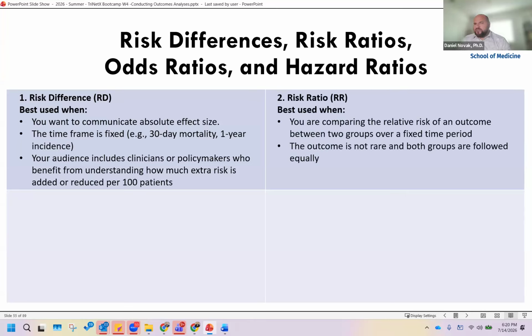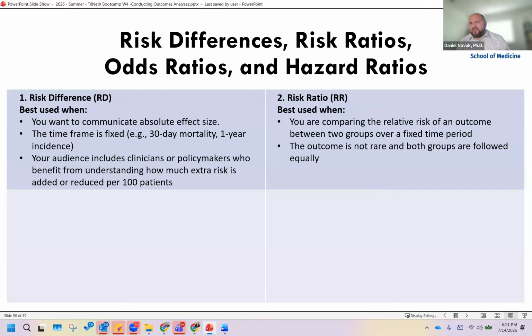Now, a risk ratio is a very commonly reported version. It's an effect size, right? It's a tabulation of how much of an impact the cohort membership means for your outcome. So this works when you're comparing the relative risk of an outcome between two groups over a fixed period, but the outcome is not rare and both groups are followed equally.